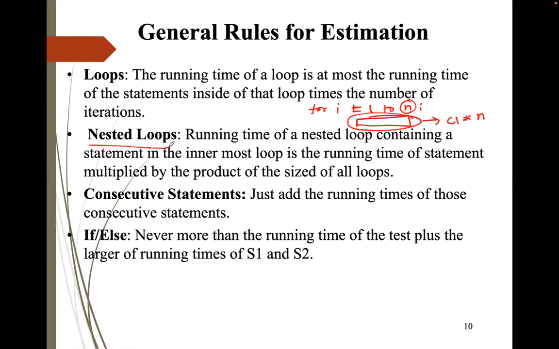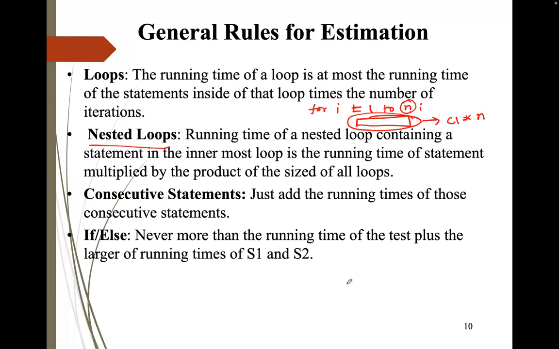Now if we have a nested loop, the runtime of a nested loop containing a statement in the innermost loop is the running time of the statement multiplied by the product of the sizes of all loops.